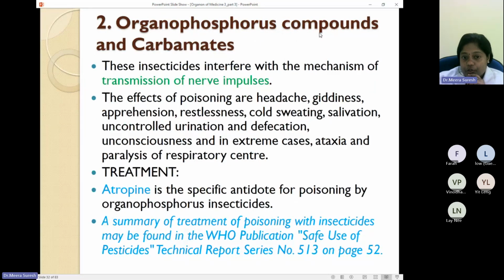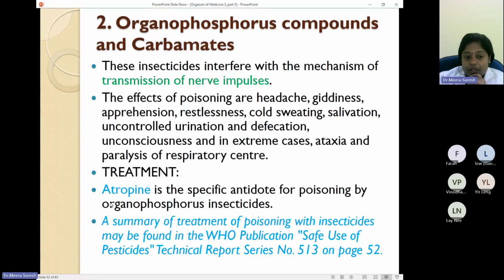And in case of organophosphorus compounds like malathion, phenethion, etc., which we explained, they interfere with the mechanism of transmission of nerve impulses. So when a human being consumes that, the poisoning includes symptoms of headache, giddiness, apprehension, restlessness, cold sweating, salivation, uncontrolled urination and defecation, unconsciousness, and in very extreme cases, paralysis of the respiratory center, even leading to death.